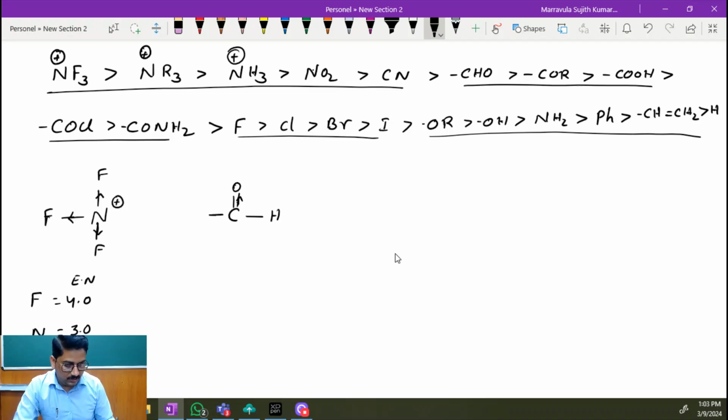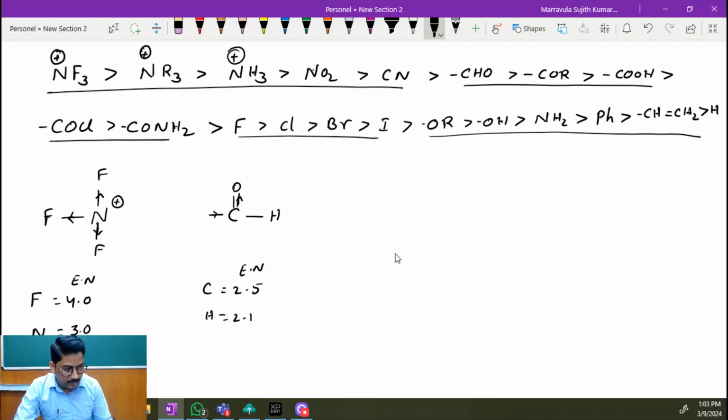Carbon is more electronegative than hydrogen here: carbon has 2.5 electronegativity and hydrogen has 2.1, which is 0.4 more than that.